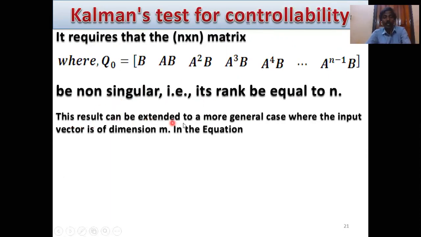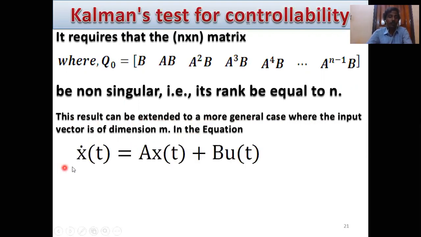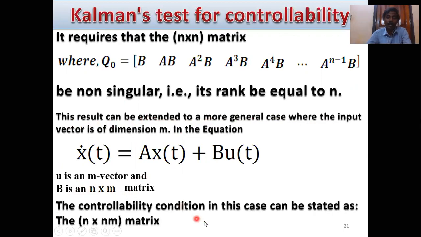This result can be extended to the more general case where the input vector has dimension m. If the state equation is x dot of t equals A x of t plus B u of t, where u is an m vector and B is an n cross m matrix, then the controllability condition in this case can be stated as follows: the n cross nm matrix Q0 has rank n.